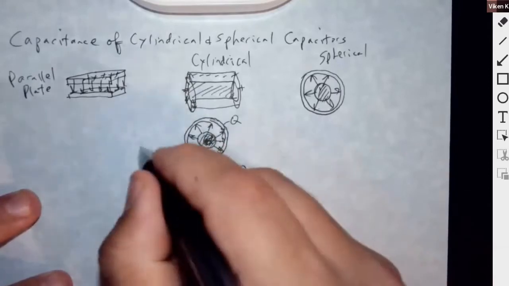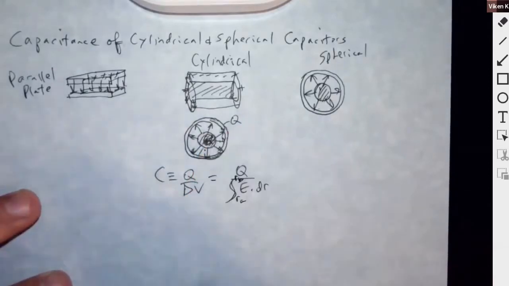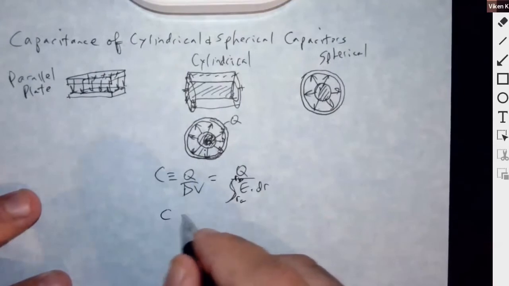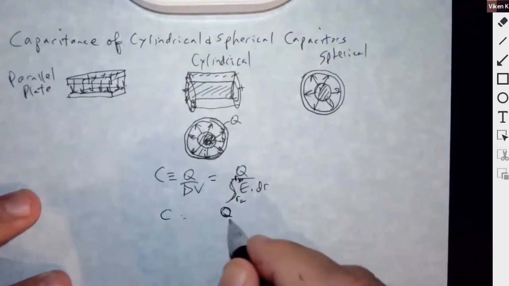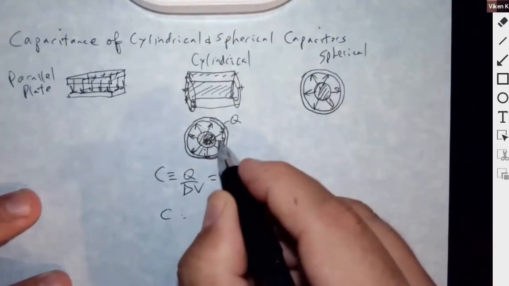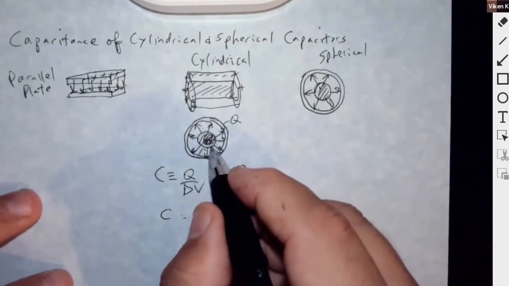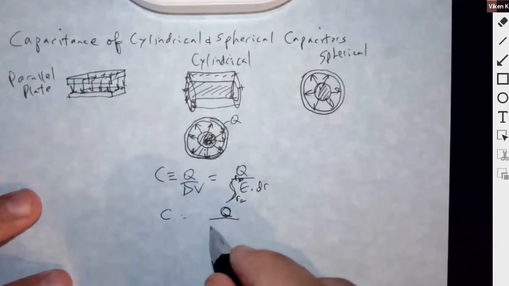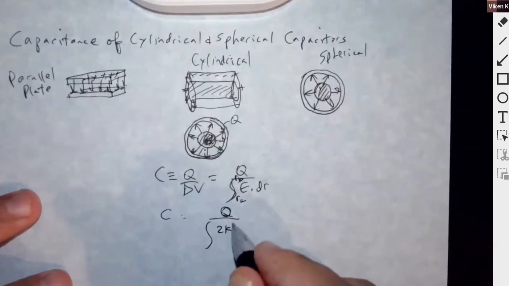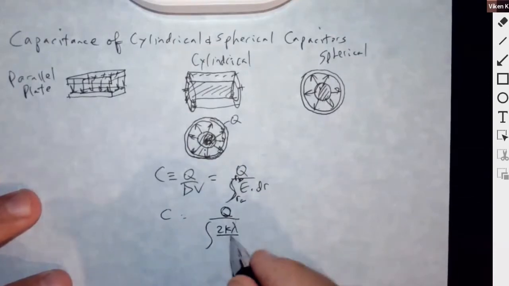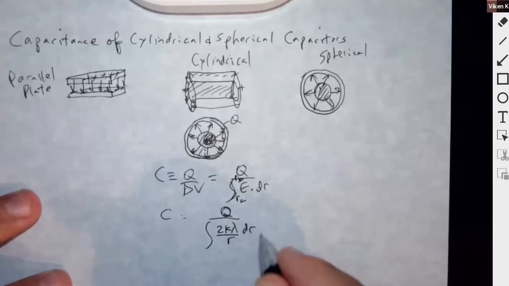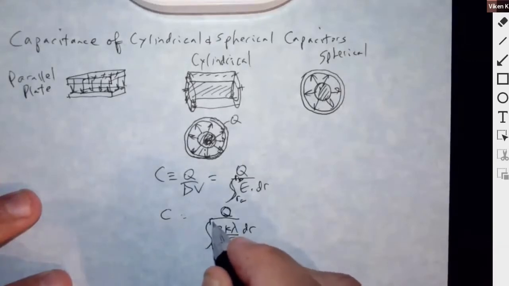So the inner radius to outer radius. So then the electrical field outside the cylinder is, remember, we derived that, 2k lambda over R. Integral of 2k lambda, the charge density, over R dr from RA to RB.